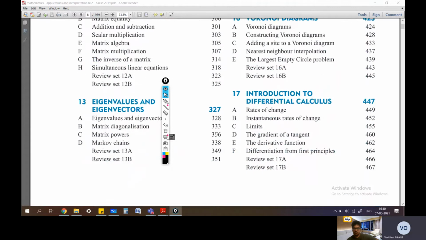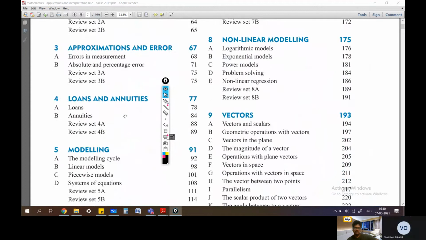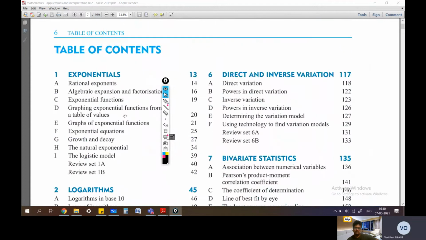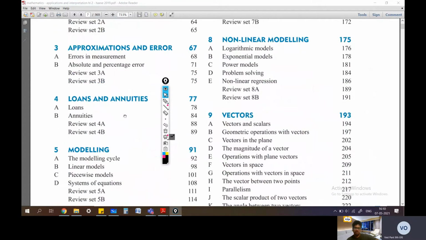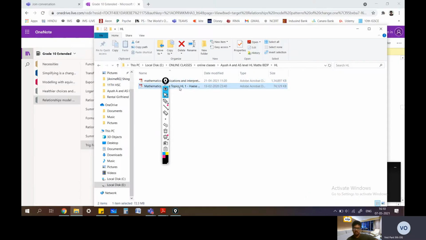We can try anything really. This is my next year's book, not the one I'm using right now. This is the book I'll use next year and the year after that, the 11th and 12th book. We'll be going for the IB, no? Yes, this is the IB 11th and 12th book. There are two books. This is the one I'm using.